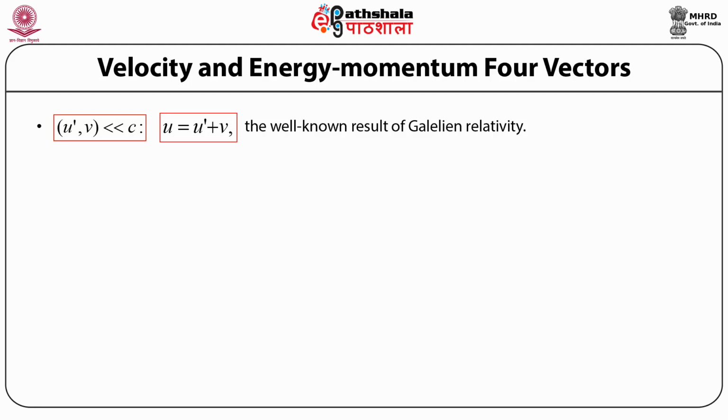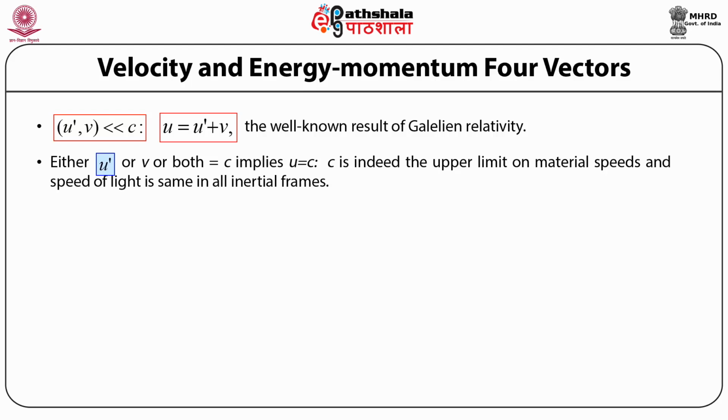For this case where u prime and v are much less than the velocity of light c, we can define the normal transformation of the velocity as u equal to u prime plus v, which is the well-known result for Galilean relativity. Here either u prime or v or both equal to c implies that u is equal to c, and c is indeed the upper limit on material speeds.